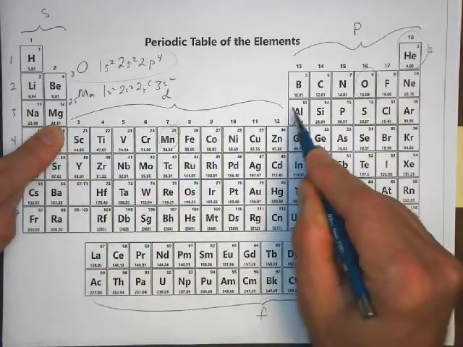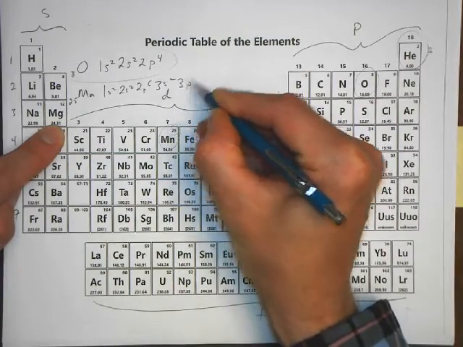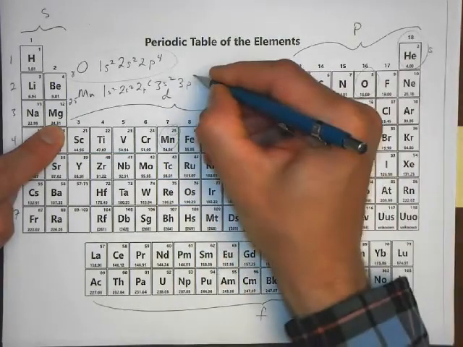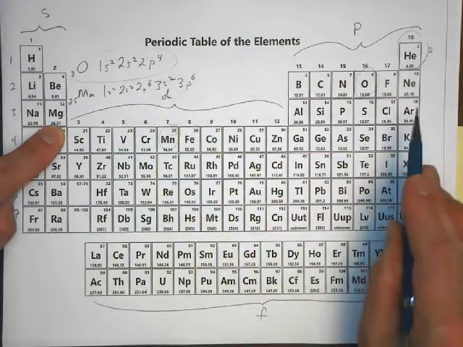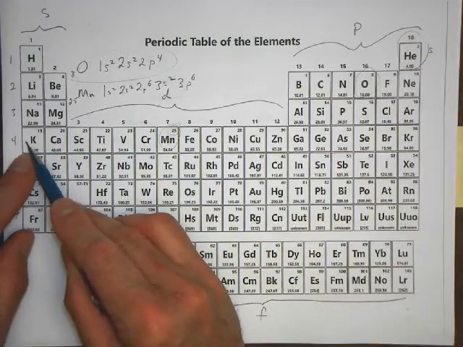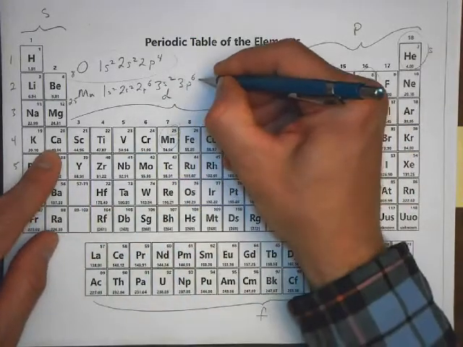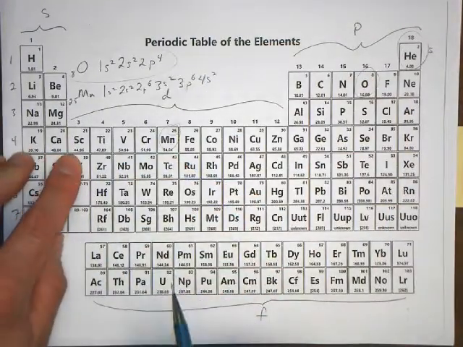We're in row 3. This is the p. These are the p orbitals that are filling. 3p6 are filling there, right? And now we have the same electron configuration as argon. Now we have the 4s orbitals that come next. And this is where it gets a little strange.